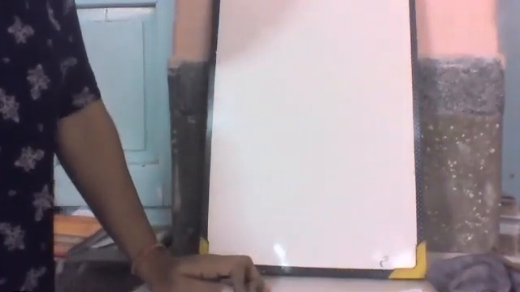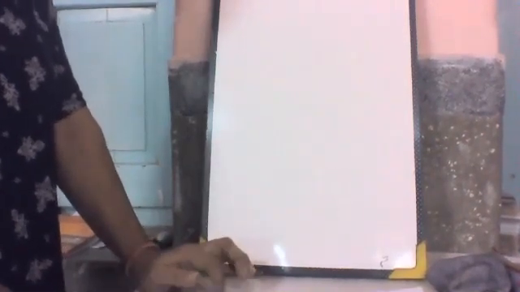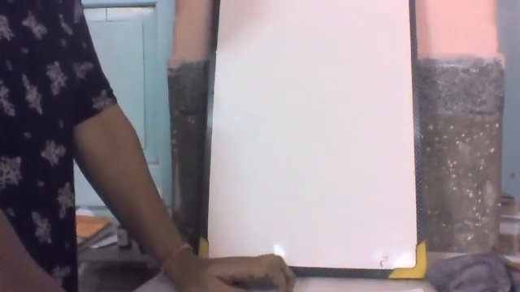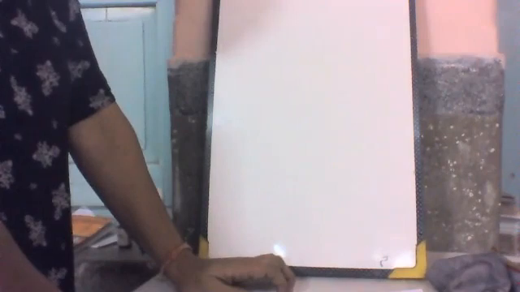Sulfur is not attracted by the magnet, iron is attracted by the magnet. In the mixture of iron filings and sulfur powder, iron clings to the magnet, whereas sulfur does not.